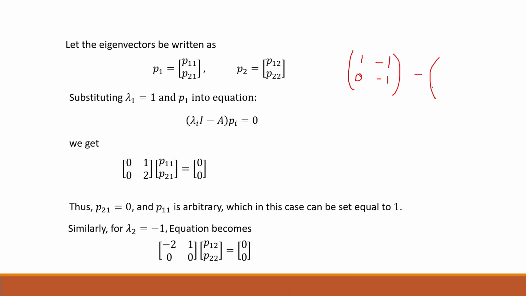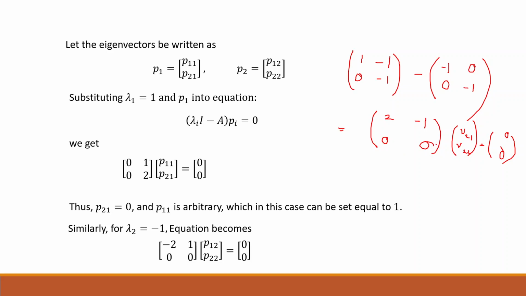Minus 1, 0, 0, minus 2, minus 1, 0, 0. So considering v21, v22 equal to 0, the last statement gives me nothing.